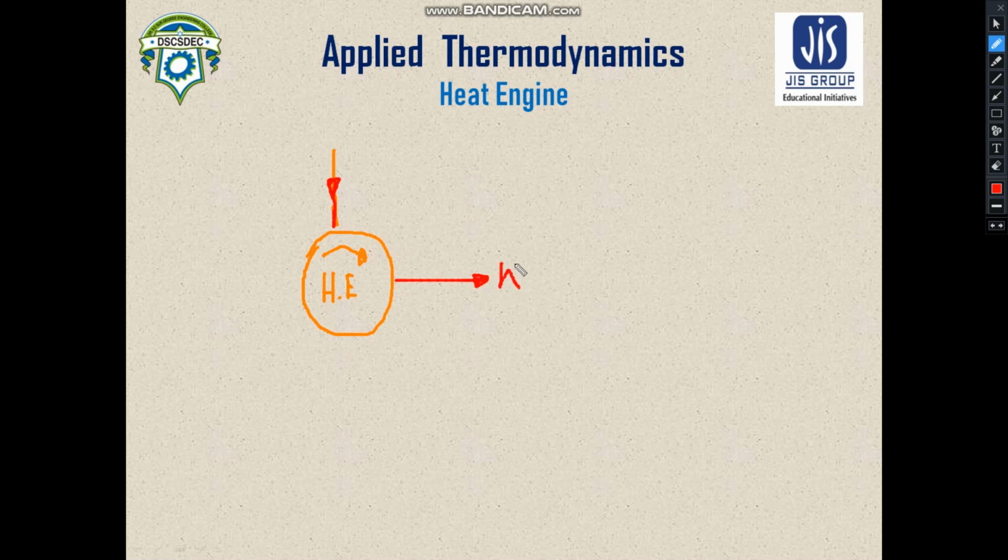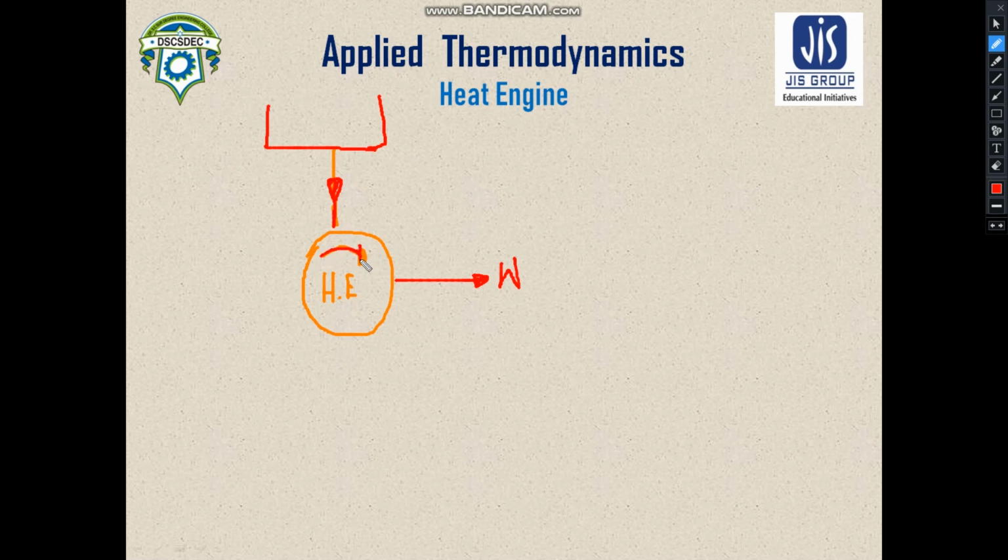Now, how do you supply heat? To supply heat, the engine needs to be in contact with a high temperature body or a high temperature system. We'll discuss these high temperature systems later on, but let us discuss the mechanisms of the heat engines.